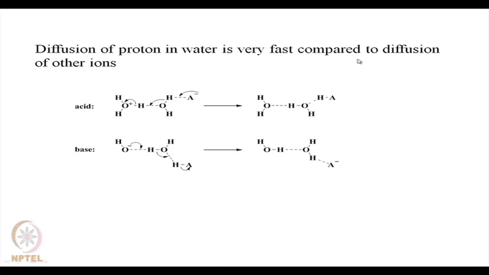But other ions are heavier and also maybe because of solvation they become larger in size. So, in order to diffuse from one position to another, they would require more time. So, that is why diffusion of proton in water is very fast compared to diffusion of other ions.